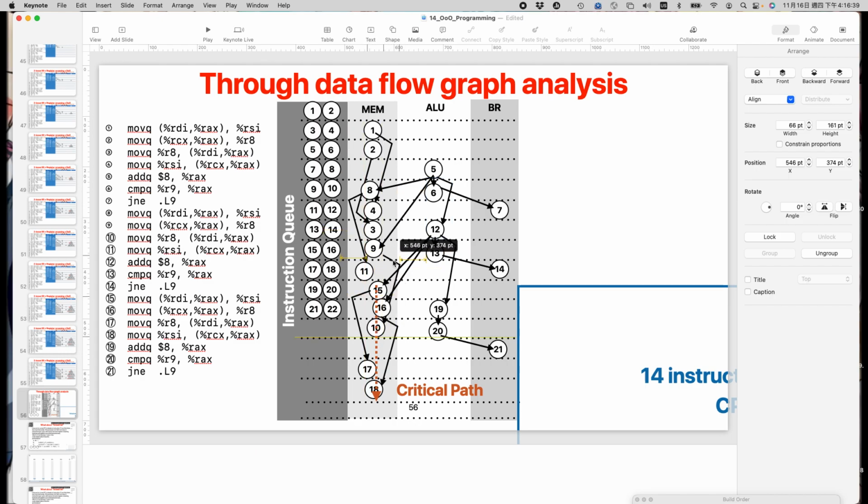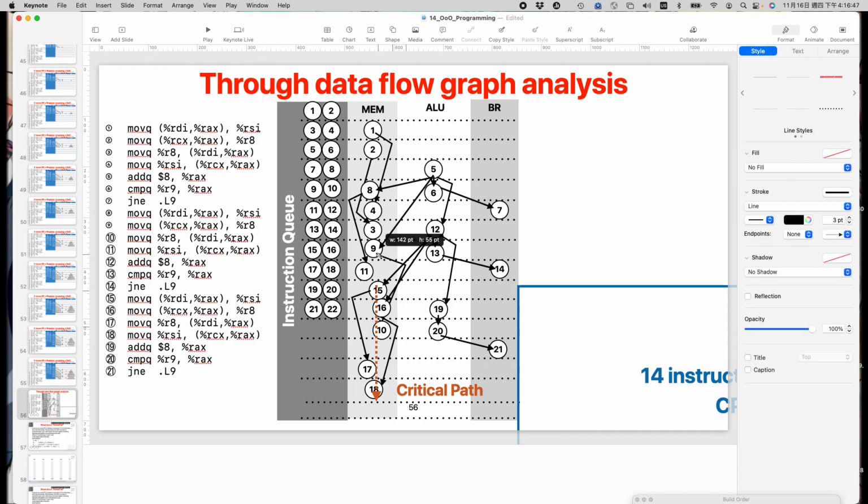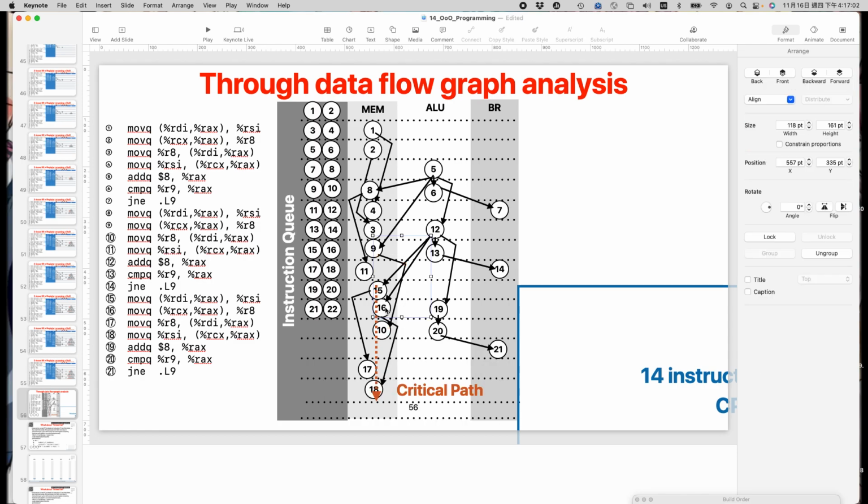Oh, okay. 16 is depending on 12, and 17 is depending on 15.